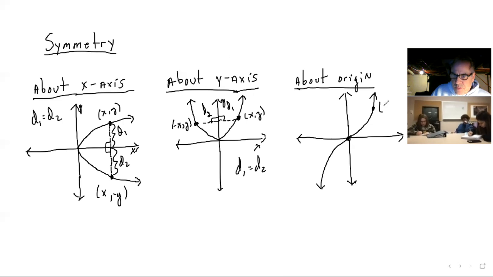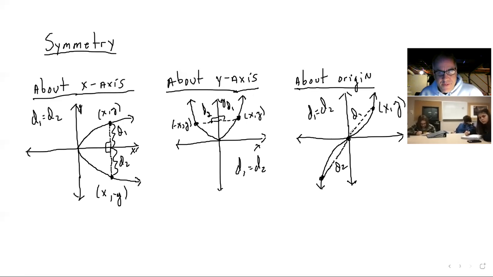I'm going to say pick any point here on the graph. I'm going to go from that point to the origin. Say that's d sub 1. Then I'm going to be able to go that same distance and strike the graph again. So d sub 1 equals d sub 2.